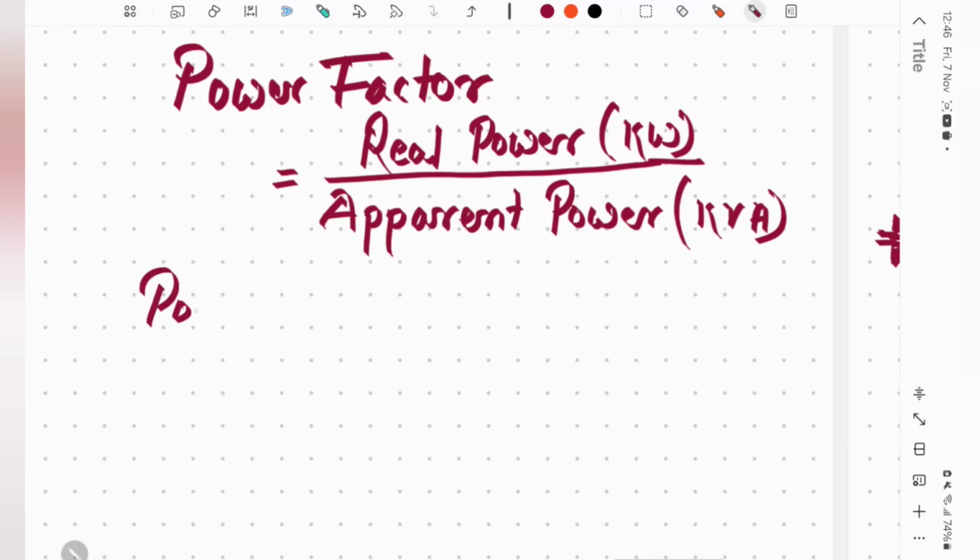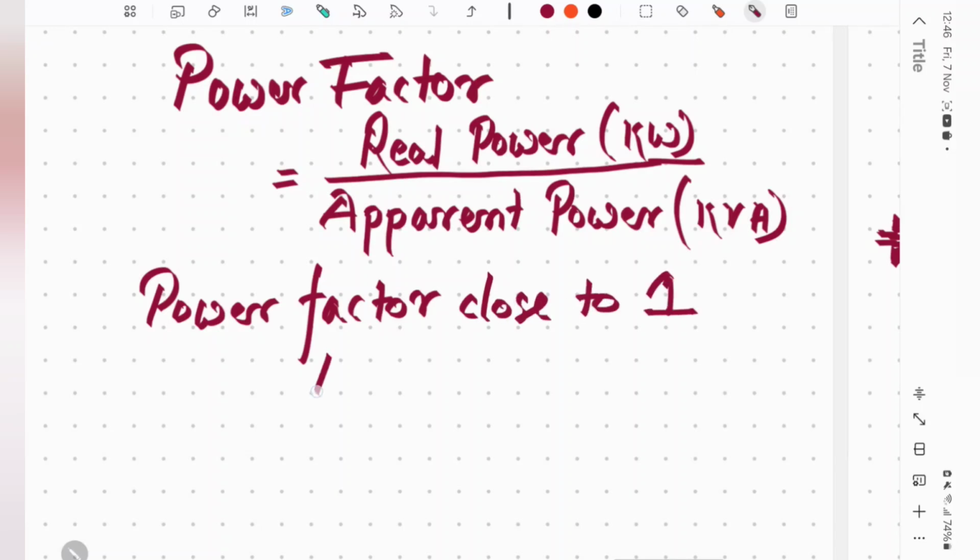A power factor close to 1 means power is used efficiently.